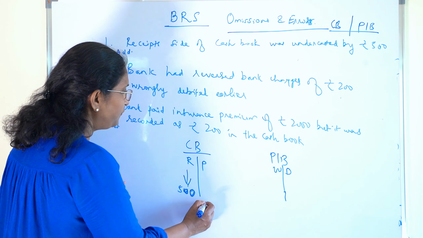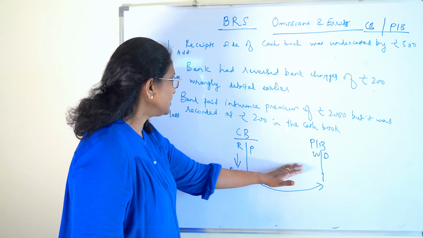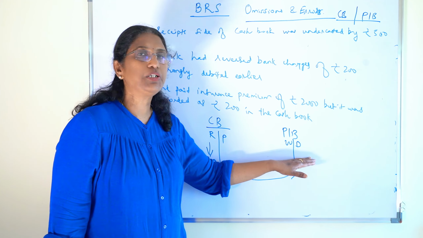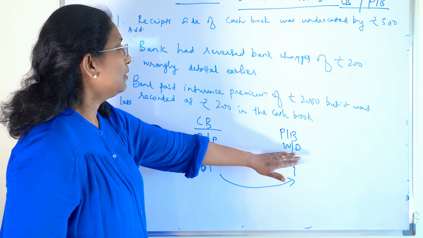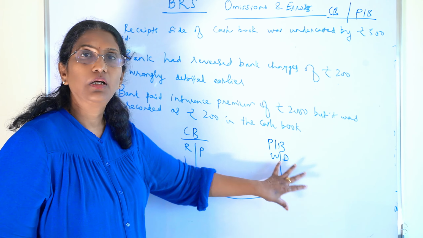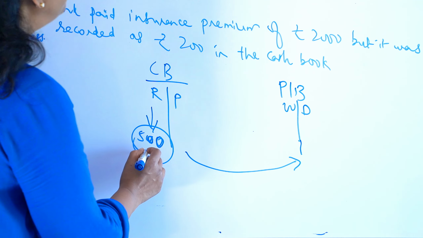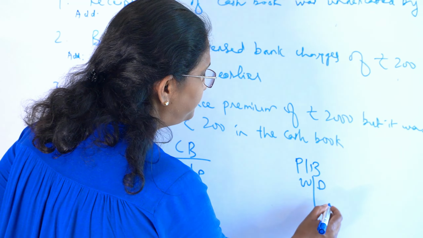So if we are coming from cash book to passbook, this balance, if it is undercasted, will be showing as lower, right? And plus this is a passbook initiated item.